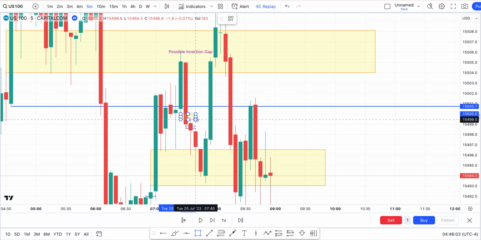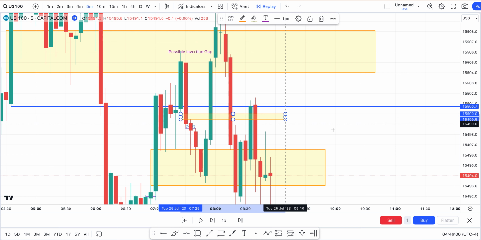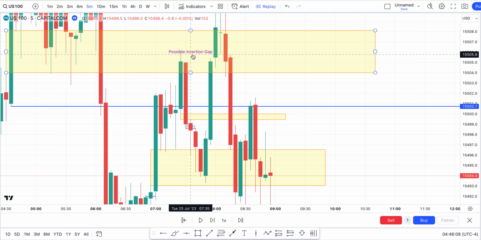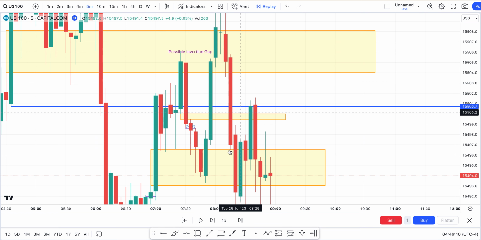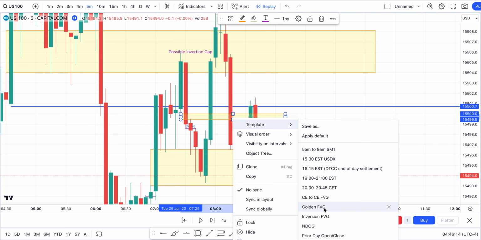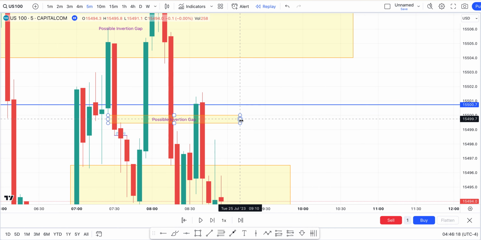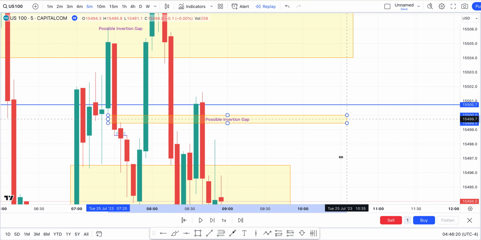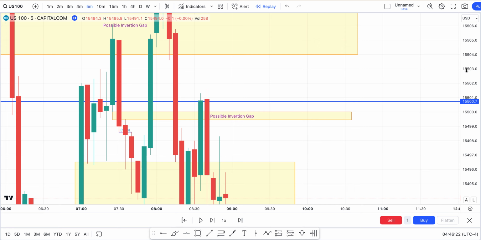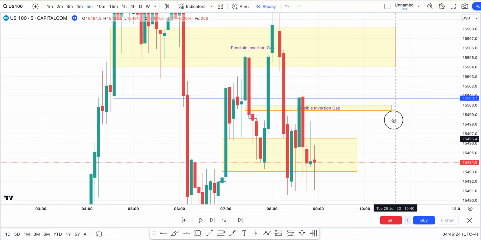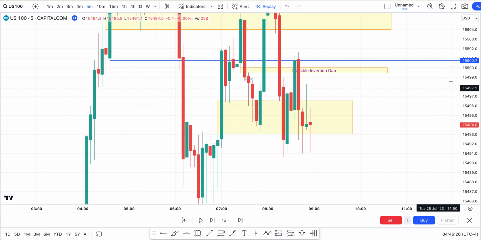Inside here, but it got activated, invalidated almost immediately. But we could look at this area for the future now. Could be reactivated.